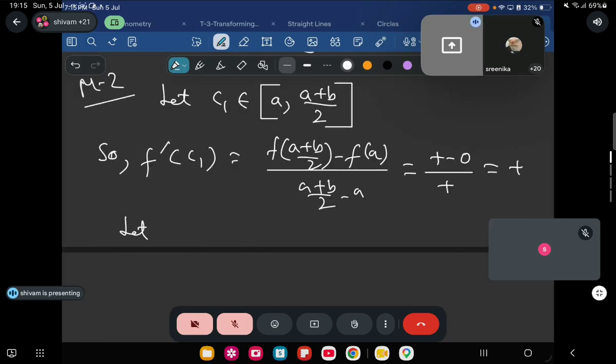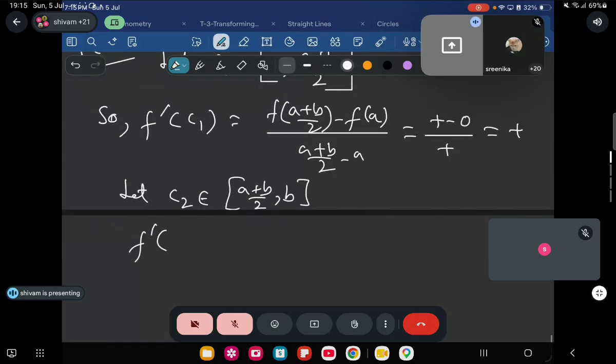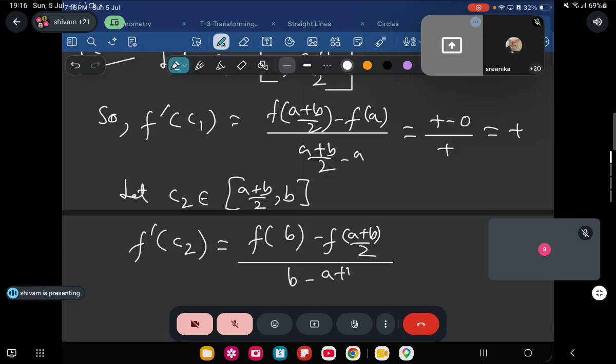Now let us take c2 belongs to ((a plus b)/2, b). Tell me everyone, are people getting? Now in this case, what is f dash c2? f dash c2 is equal to f of b minus f of (a plus b)/2, upon b minus (a plus b)/2.